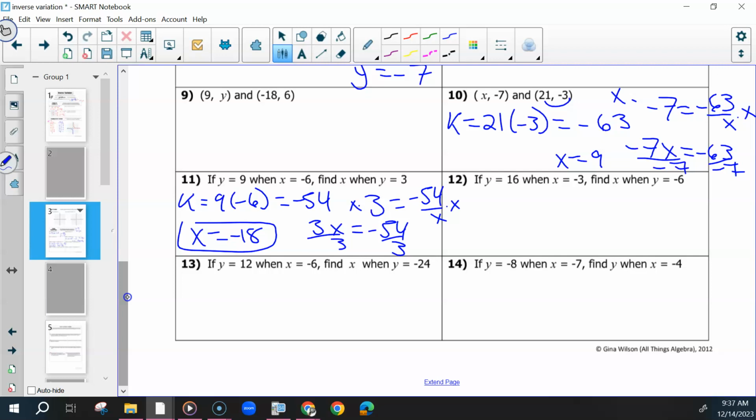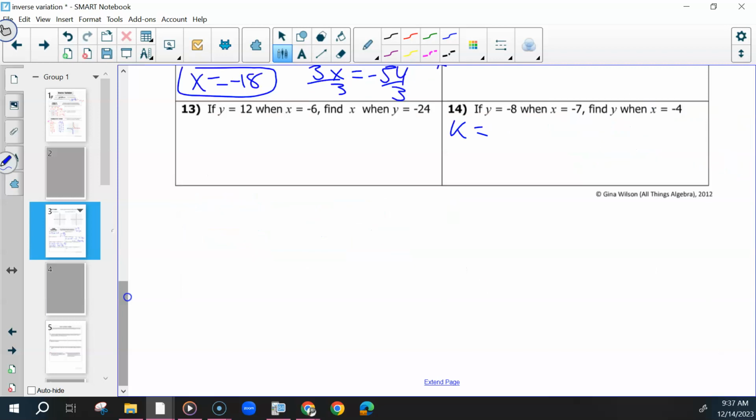Find x. Let's do 14. How would we find k? -8 times -7, which is close. It is positive, 56.